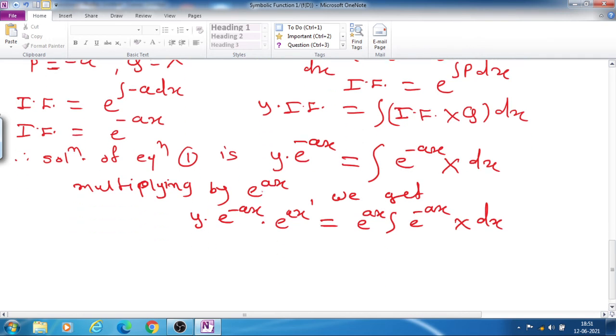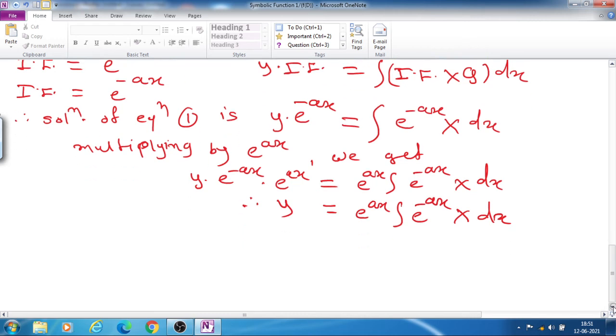Here e raised to minus ax and e raised to plus ax get cancelled, that means e raised to 0, which is equal to 1, and we get only y. Therefore y is equal to e raised to ax into integral e raised to minus ax into capital X into dx.